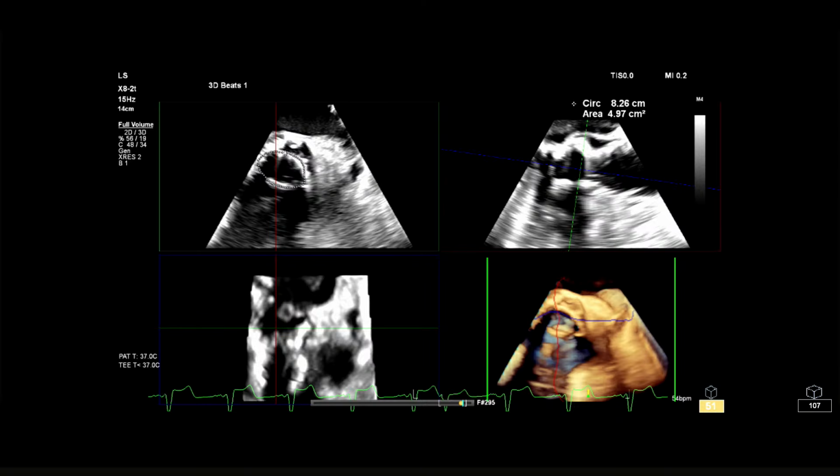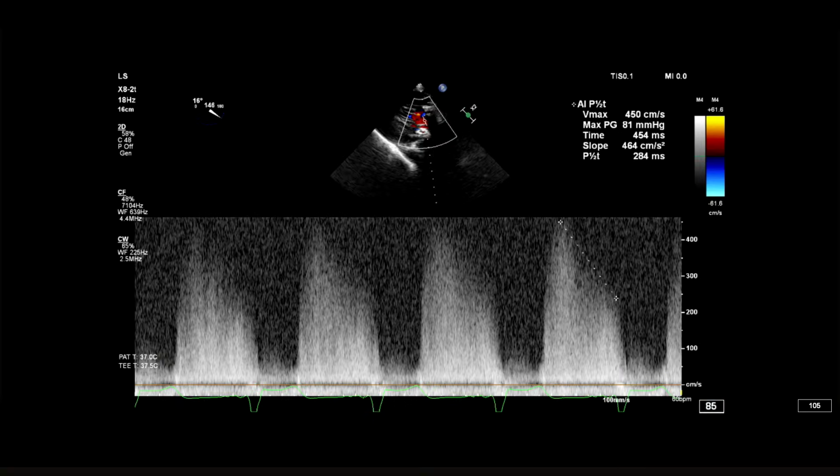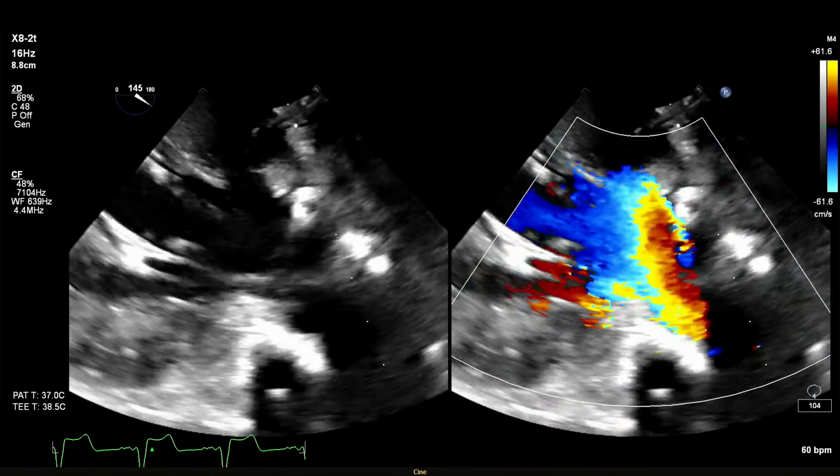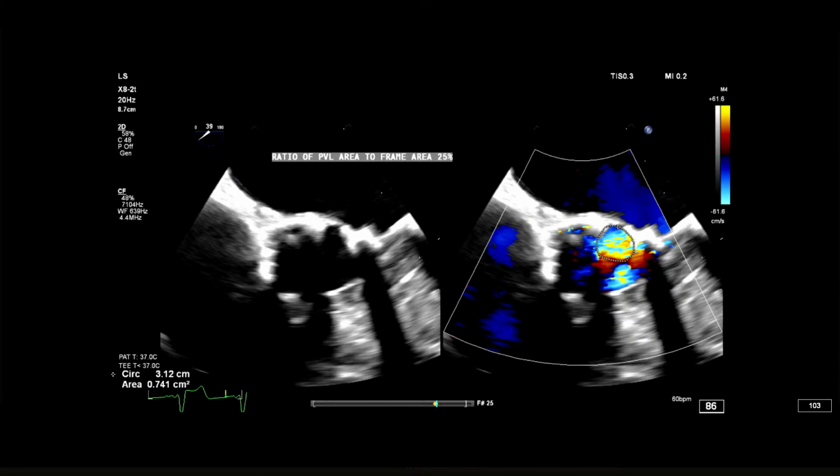So basically, the main criteria that we use for PVL measurement is what I showed you: the ratio of the maximal PVL area compared to the frame of the valve. If you have multiple PVLs, because sometimes you can have more than one, then you measure all the areas and you get the ratio. Again, if it's less than 10, mild; more than 30 is severe.